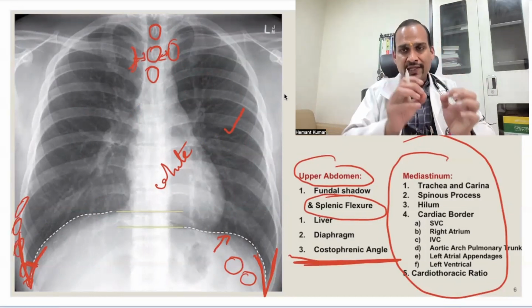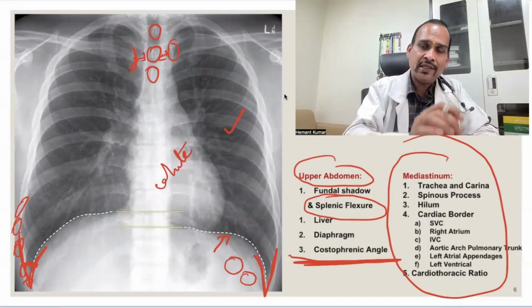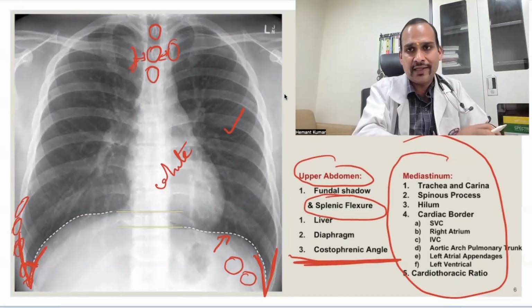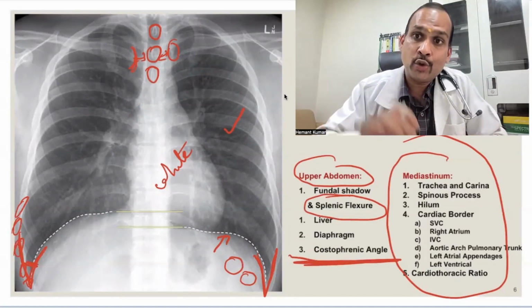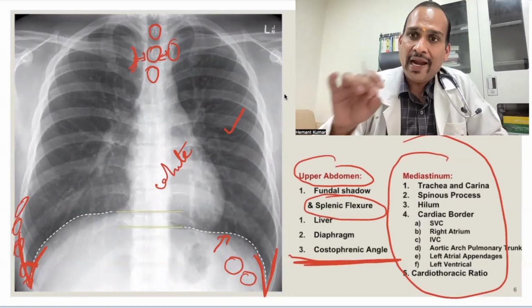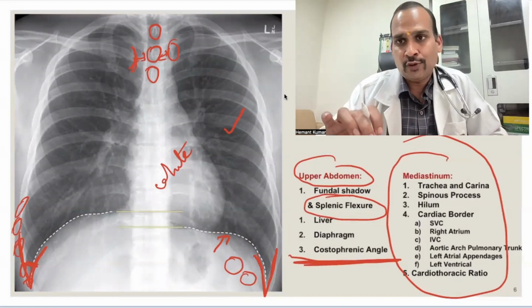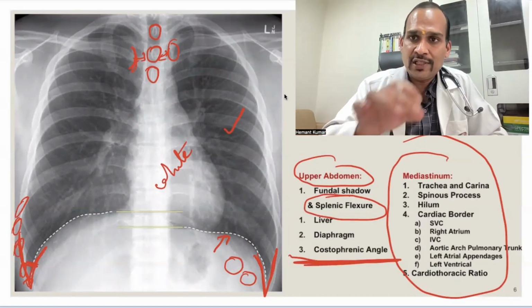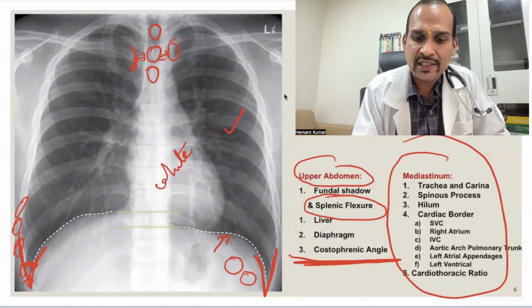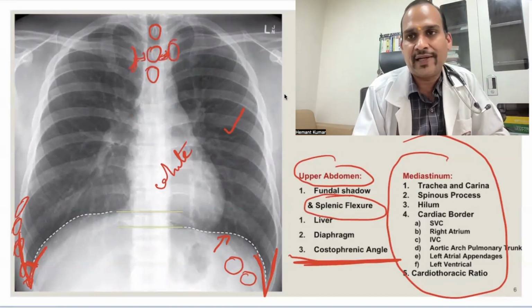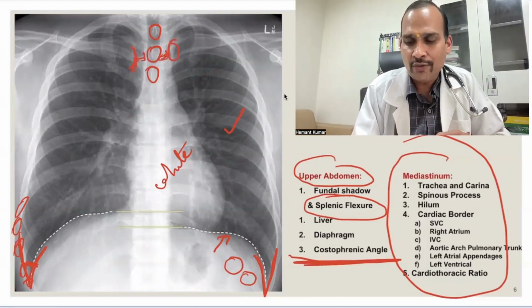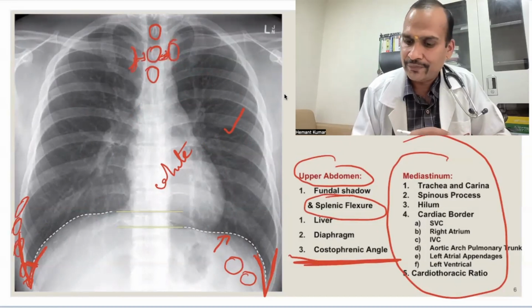Because if the distance is more on one side, it means there is a rotation, and for an ideal X-ray there should be no rotation. So to see rotation, we have to see the spinous process and the distance between the medial end of the clavicle and the spinous process. This is how we should look for rotation.